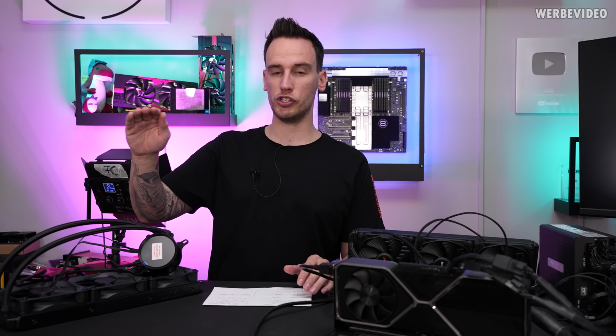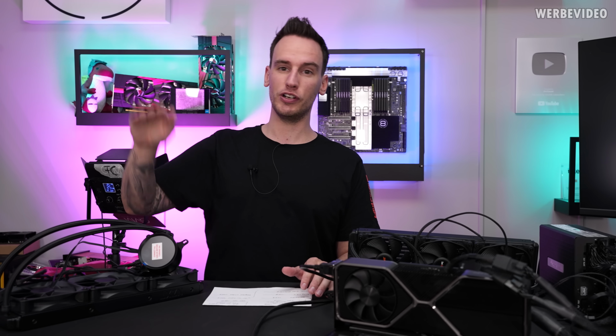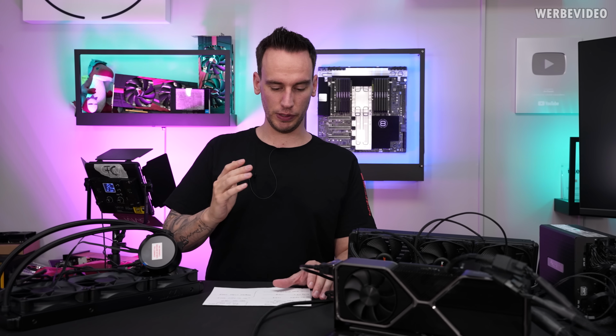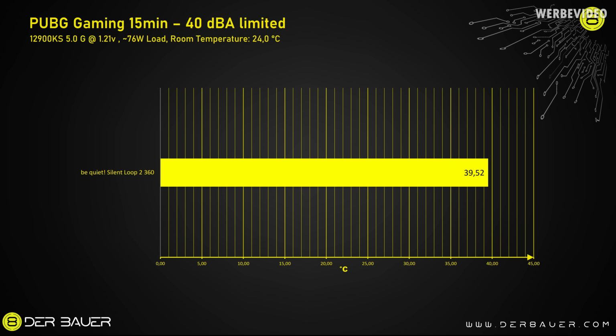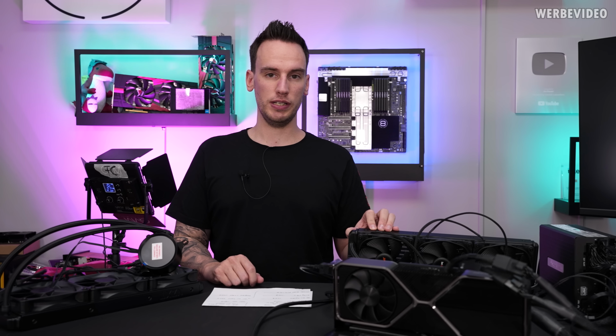I'm running PUBG with a 10-minute warm-up phase, and then I'm drawing the average of all the cores, so every single core average of 15 minutes, and then the average of the average. Which then, for example, for the bequiet Silent Loop 2 results in an average core temperature of 39.5 degrees Celsius. That was at a noise level of maximum 40 dBA. The power consumption in this test was 76 watt continuously.